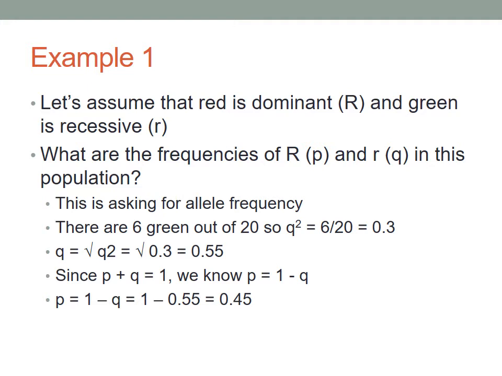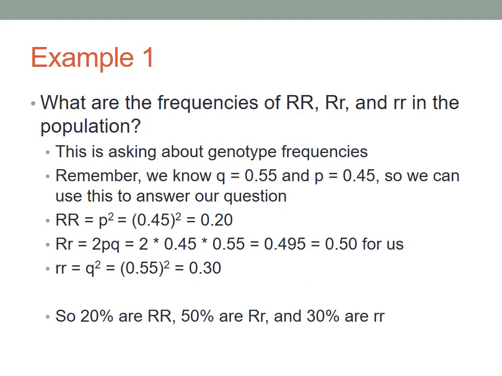Now we can go on to calculate some genotype frequencies. So then what are the frequencies of RR, Rr, and rr? Or, as we look at this, what are the frequencies of homozygous dominant, heterozygous, and homozygous recessive? These are our genotype frequencies we're looking at now.